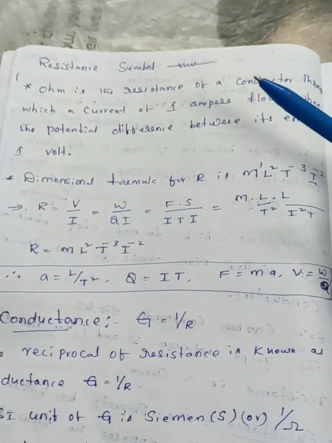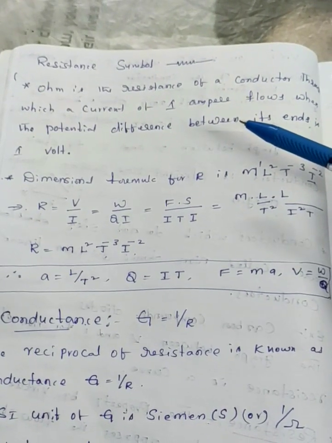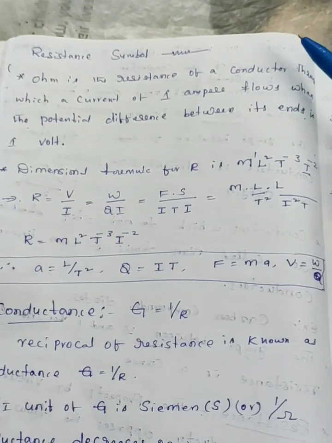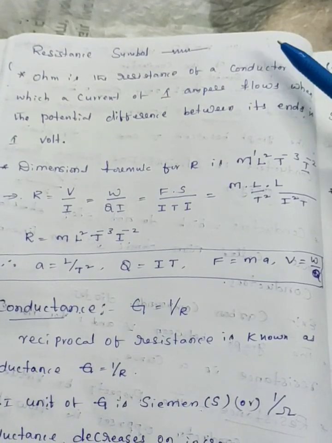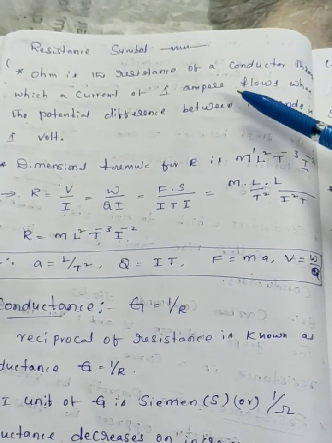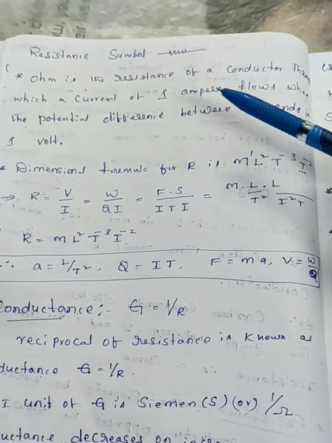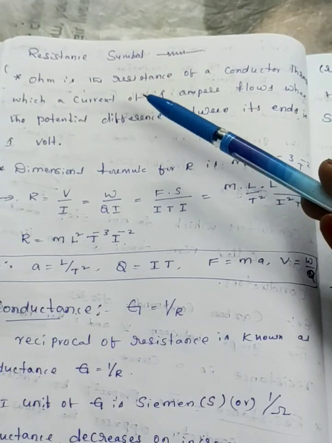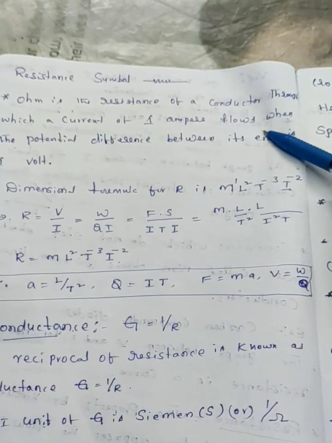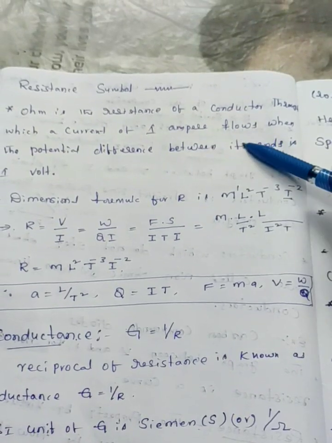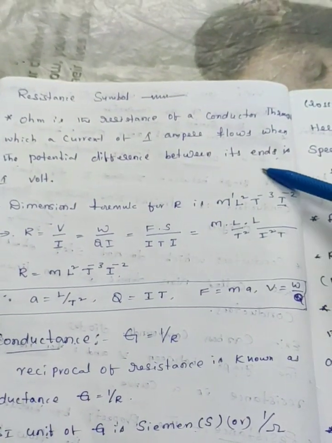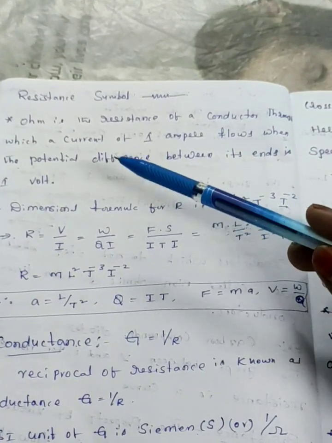Here, 1 ohm. How do we define ohm? Resistance is equal to V by I. Whenever the potential difference is 1 volt and the electric current is 1 ampere, that is called 1 ohm. That means the resistance of a conductor through which a current of 1 ampere flows when the potential difference between its ends is 1 volt.